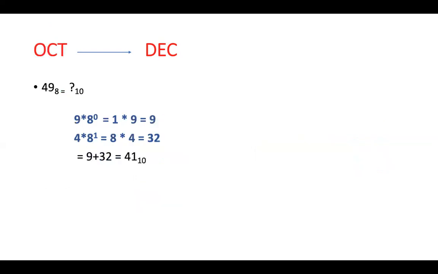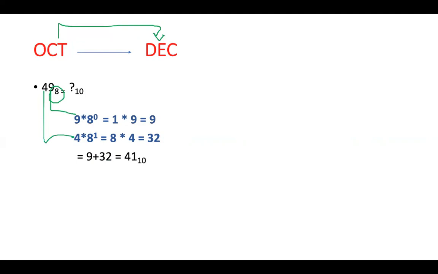Let's take another example. So here they want us to change from octal to decimal. And from octal to decimal, we are going to multiply with the base of octal, which is 8, 8 to the power n. So 9, we put it here, and this is 4. So 9 multiply 8 to the power 0, 8 to the power 0 is 1.